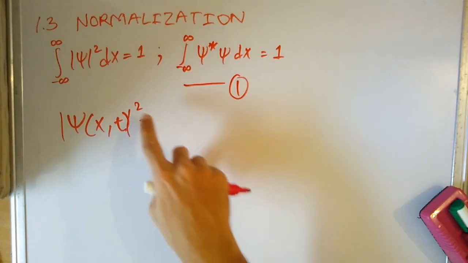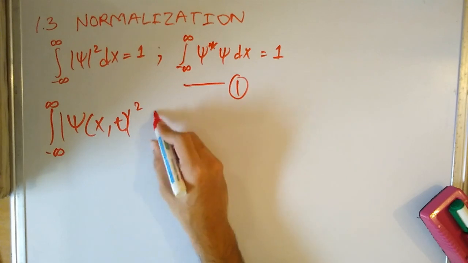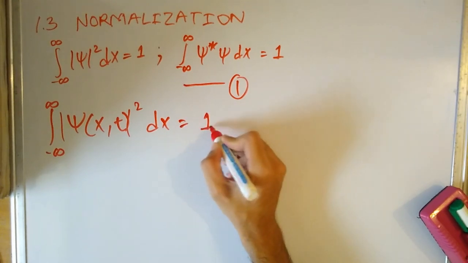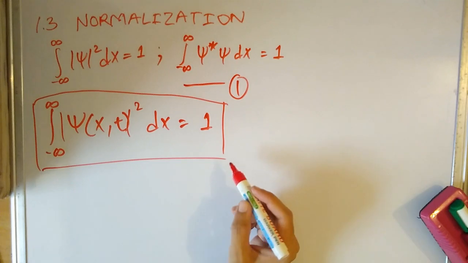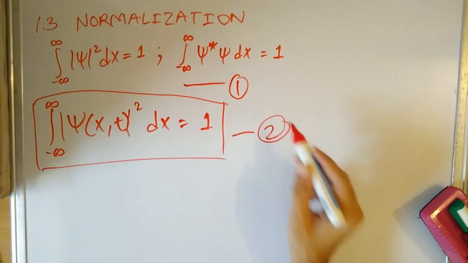So again, if we integrate that from minus infinity to infinity with respect to dx, because we are finding the position x, it will again give the numerical value 1. So any wave function must follow this condition, and we will give this equation number 2.